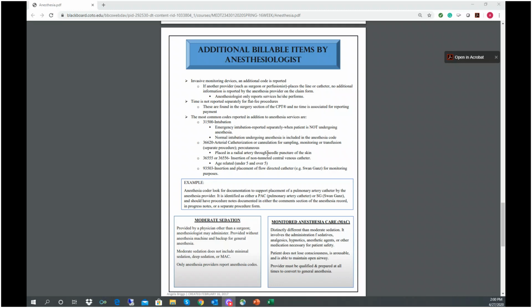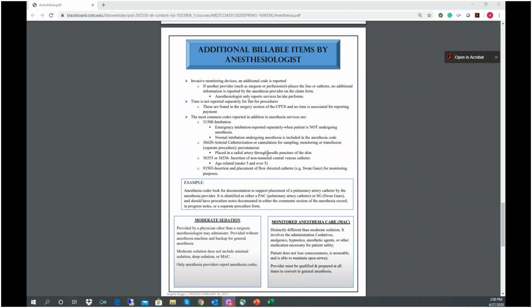Monitored anesthesia care is distinctly different than moderate sedation. It involves the administration of sedatives, analgesics, hypnotics, anesthetic agents, and other medication necessary for patient safety. The patient does not lose consciousness, is arousable, and is able to maintain an open airway.